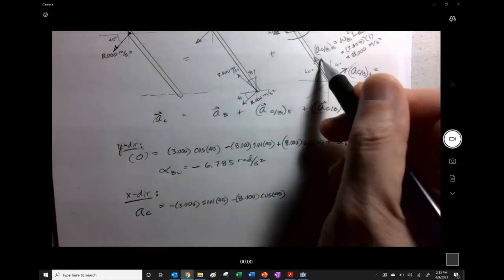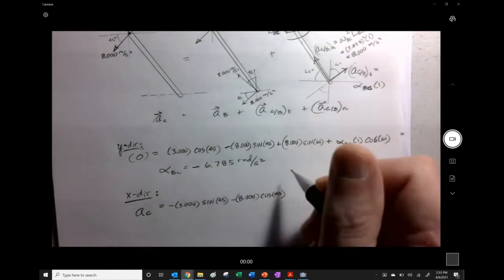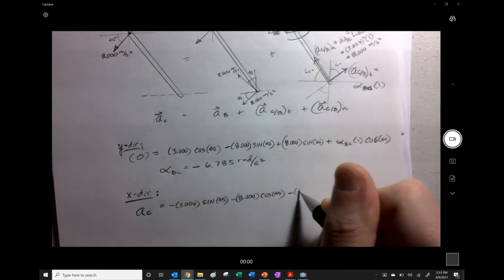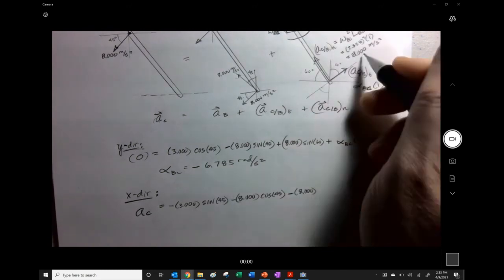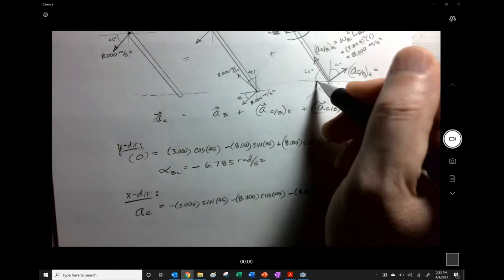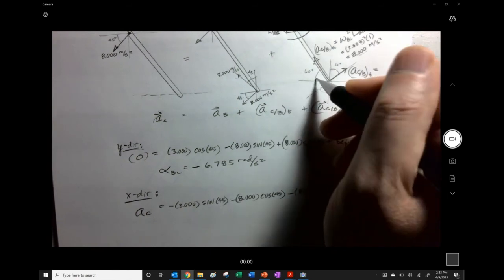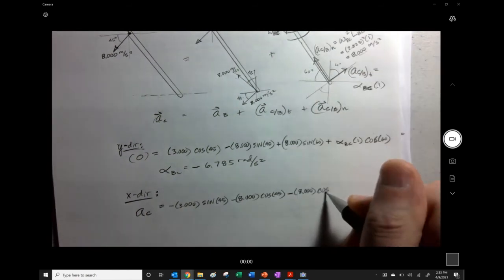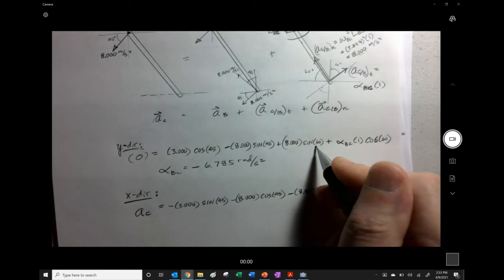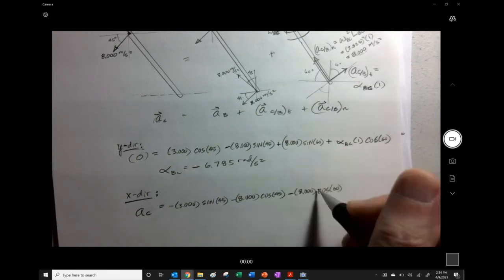And here we have, this is going to be also negative, and this is 8 times the, we're doing x direction, right? Yeah, so the cosine is 60. And we can often just look up to the one above and say, if that was sine, this is cosine.